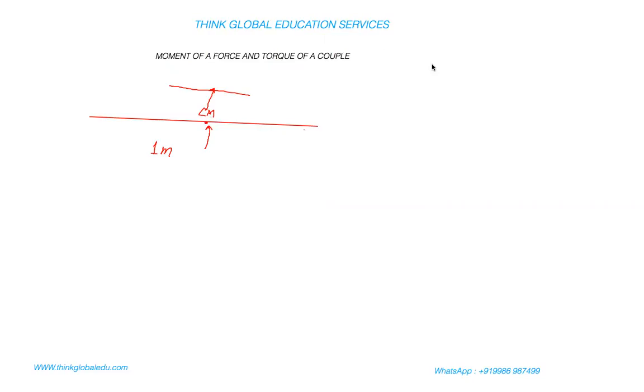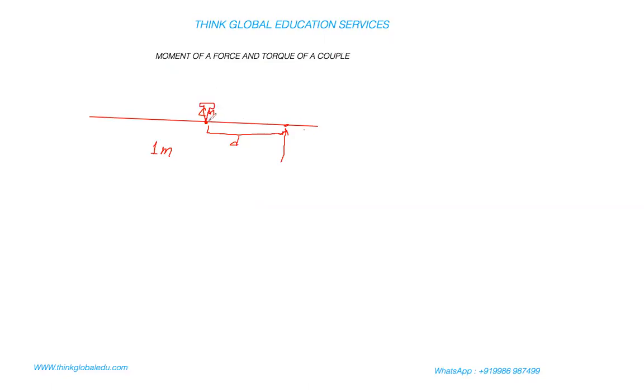Now, if I apply this same force somewhere away, at a distance of d from the center of mass, and I apply a force here, and also I can fix this center of mass by putting a nail here and hitting the ruler with a nail.